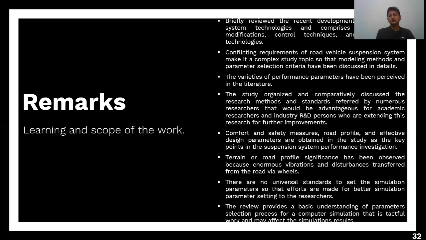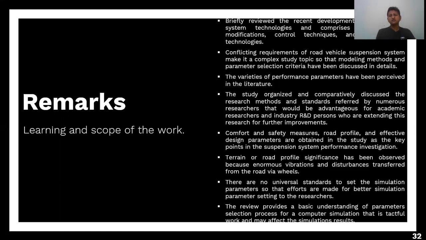Next, the study organizes and comparatively discusses the research methods and standards referred to by numerous researchers. That would be advantageous for academic researchers, industry persons, and automotive manufacturing industries.